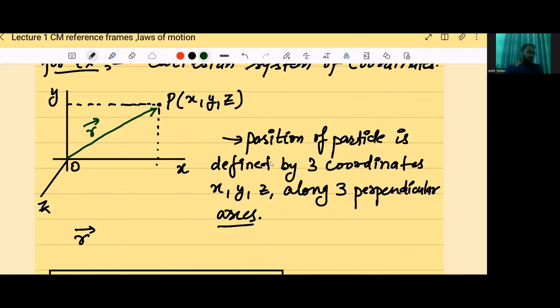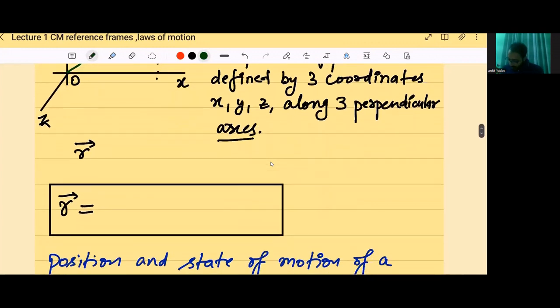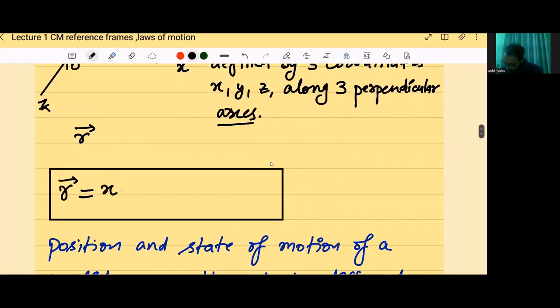This is the position vector of point P, and it defines the position of the point P. We will write it like this: x i cap plus y j cap plus z k cap.